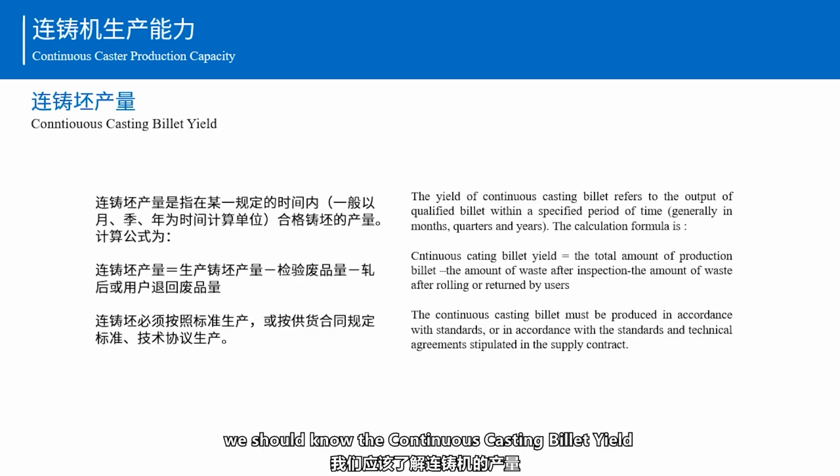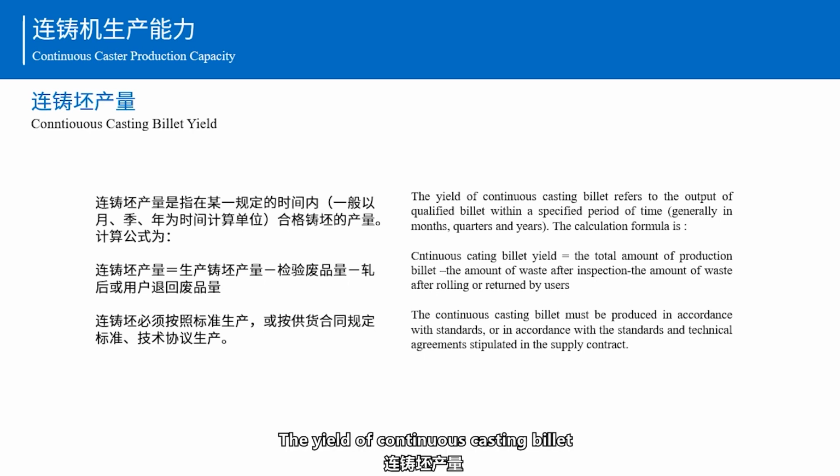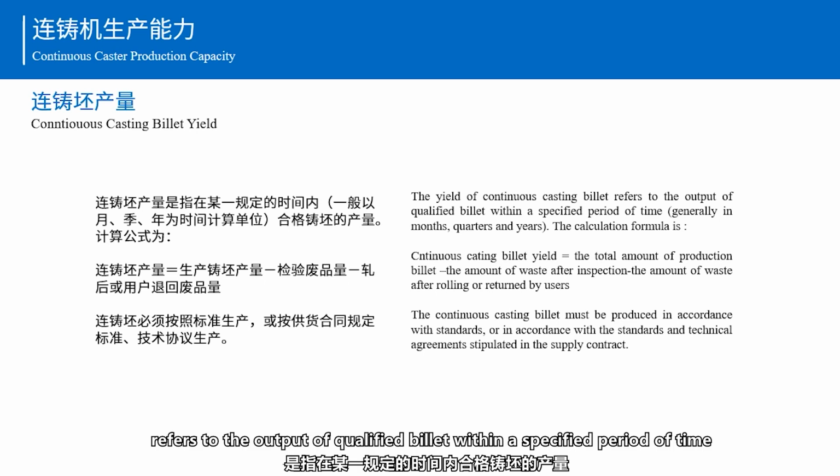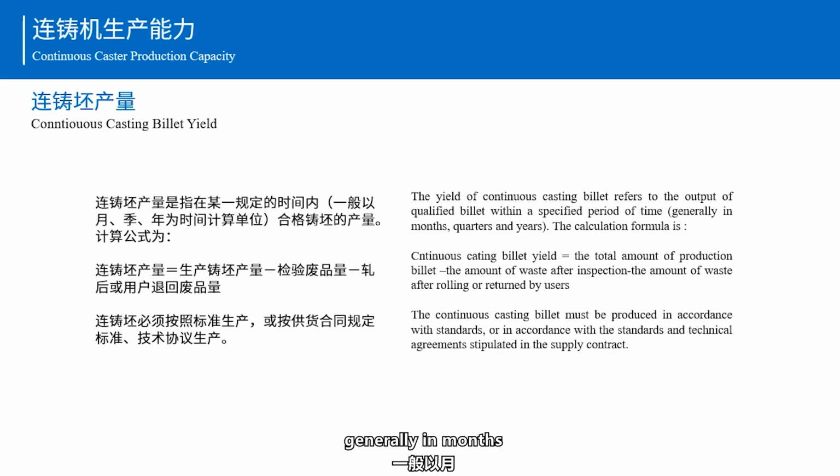Secondly, we should know the continuous casting billet output. The output of continuous casting billet refers to the output of qualified billet within a specified period of time, generally in months, quarters, or years.